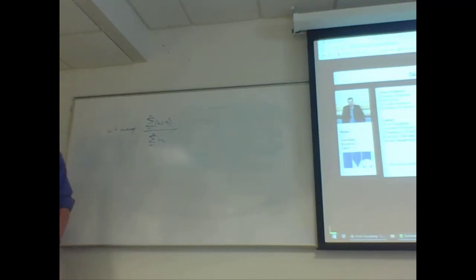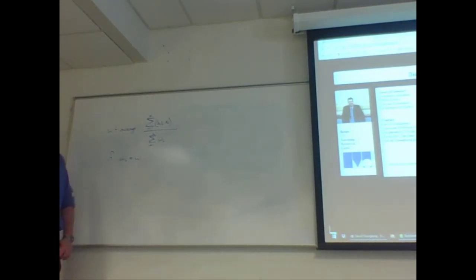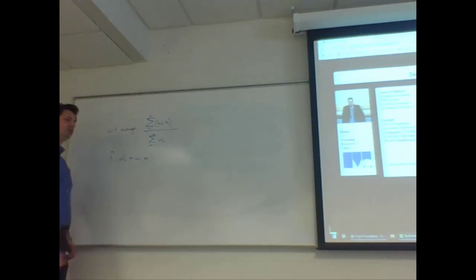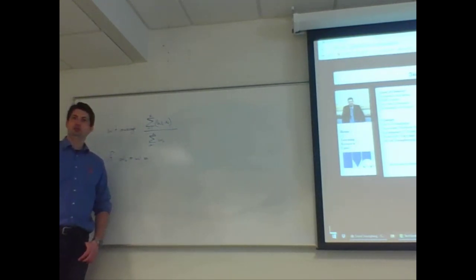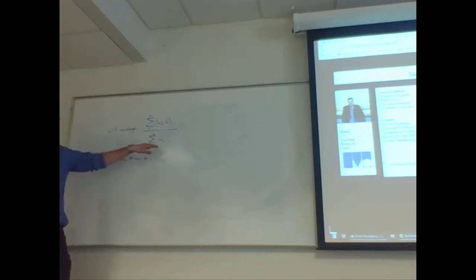Now, if all the weights are the same, or if we just say all weights are W, then logically, what must W be equal to? The sum would be 1.